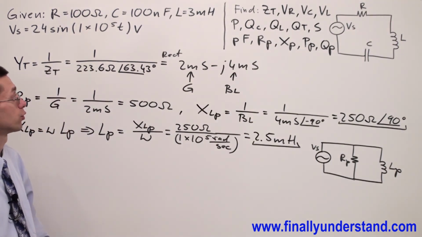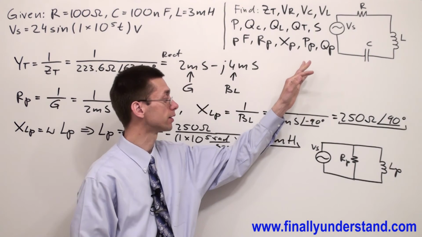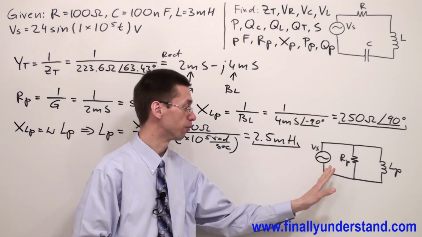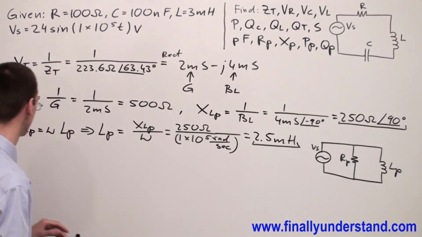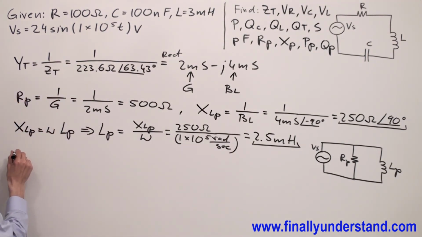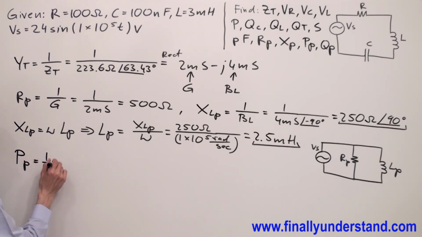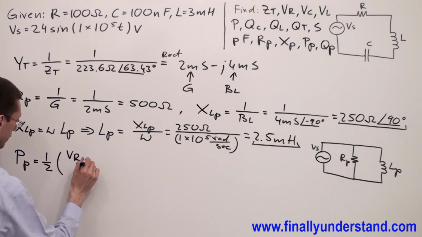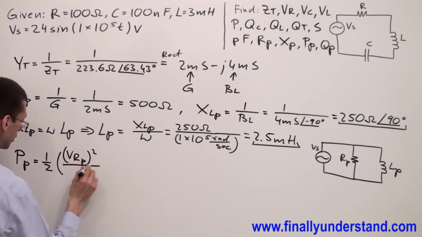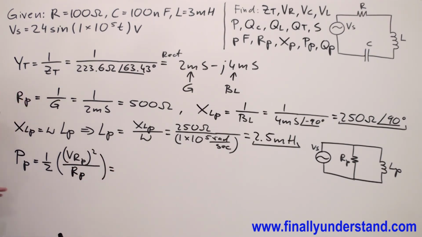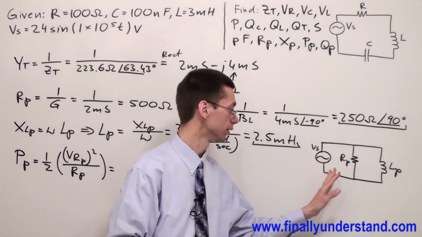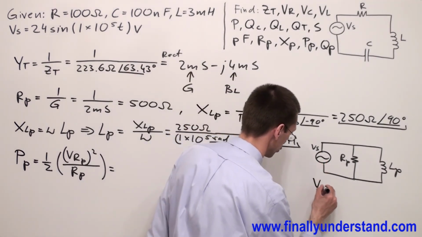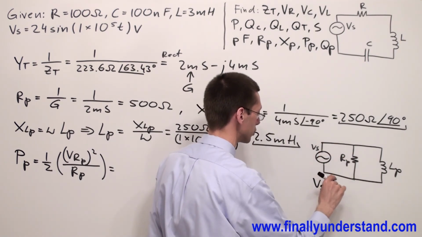Next, we're supposed to find the true power and reactive power in the parallel equivalent circuit. In order to do so, I'm going to write the formula: true power in the parallel circuit is equal to 1/2, and I'm going to write the voltage across resistor P raised to the second power over RP. Please notice that the voltage source is going to occur across each component.